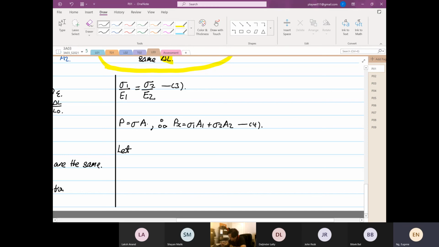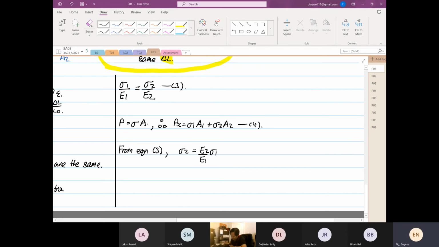From equation number 3, we know that stress 2 is equal to E2 over E1 multiplied by stress 1.